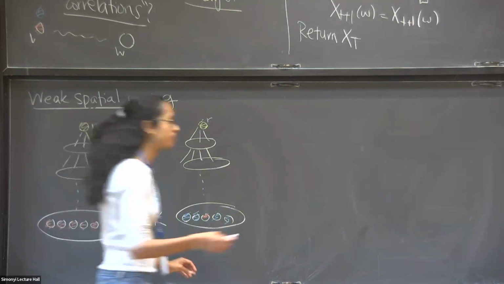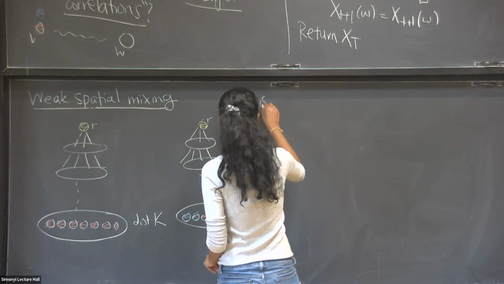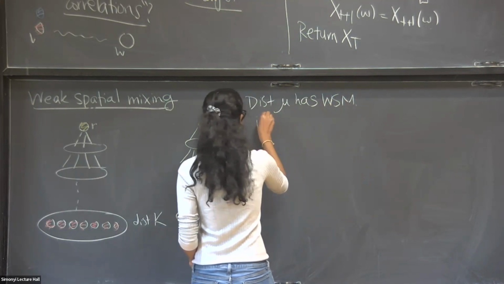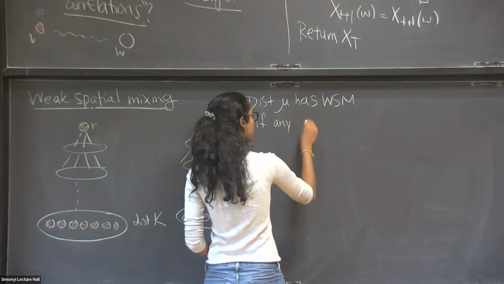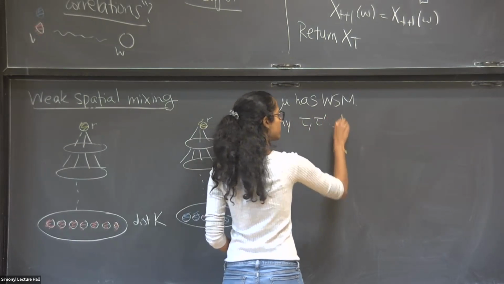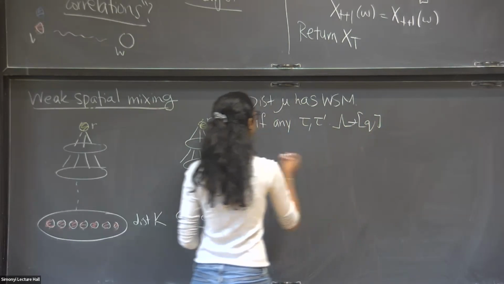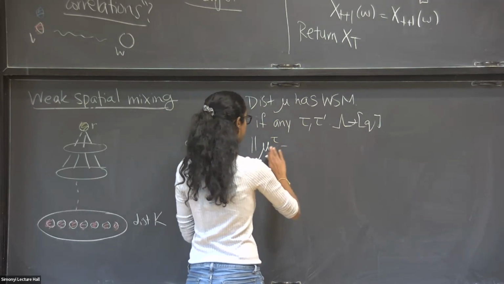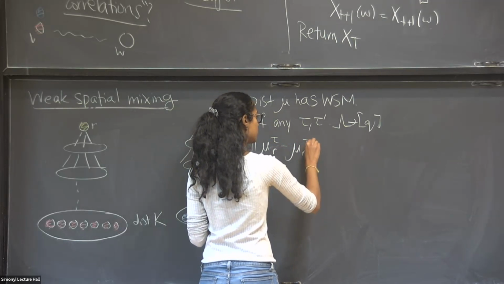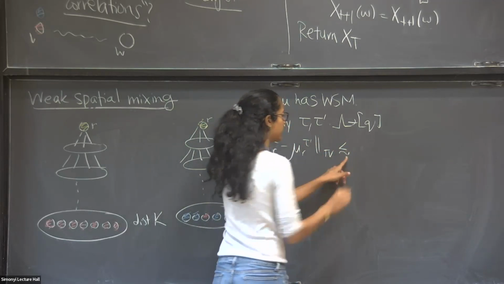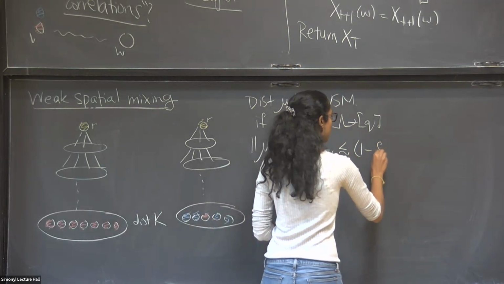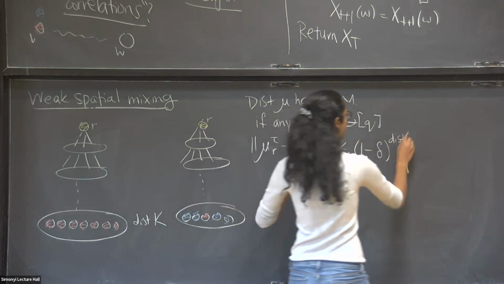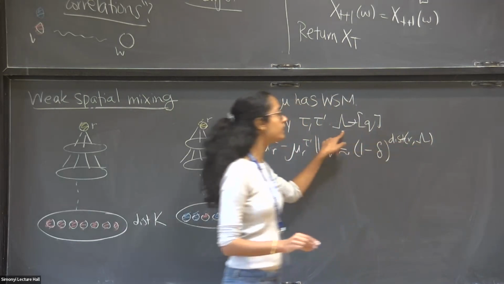So more precisely, I'll say that a distribution has weak spatial mixing if I take any two partial assignments, and I have the property that the TV distance, if I take some vertex v, I'll lift up R actually to be consistent, is decaying, up to a constant factor, at some rate that is exponential in the distance between R and the pinning, like the distance between R and the nearest vertex.